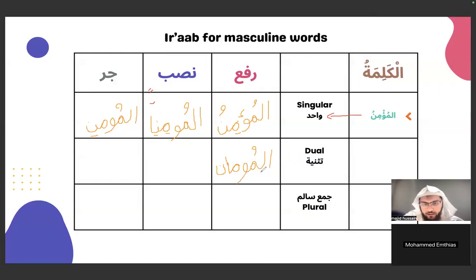All right. Here I would like to correct it, inshallah. See this word, the original word is al-mu'min. So in the state of rafa, you just missed a noon. So al-mu'min, you will add the exact word and in the end you will add alif and noon. So al-mu'minani.